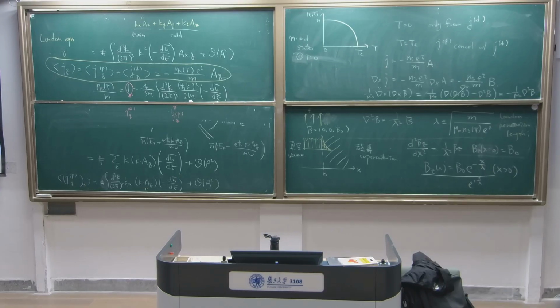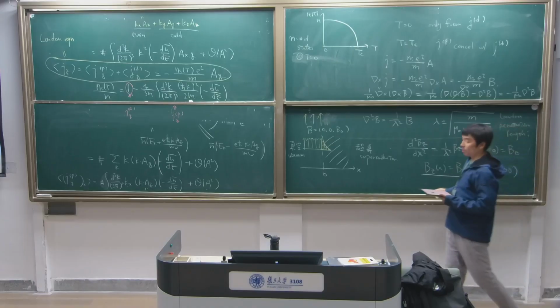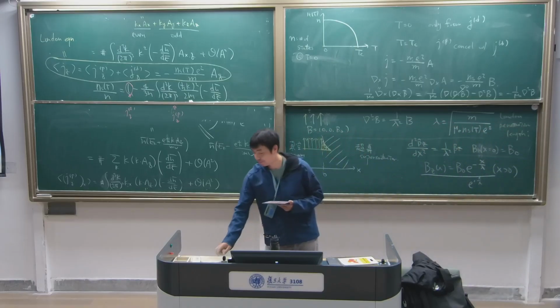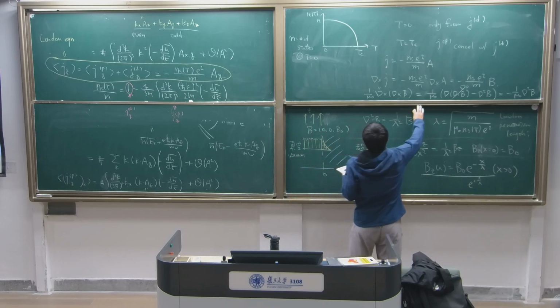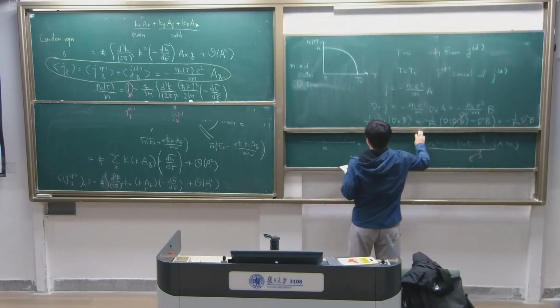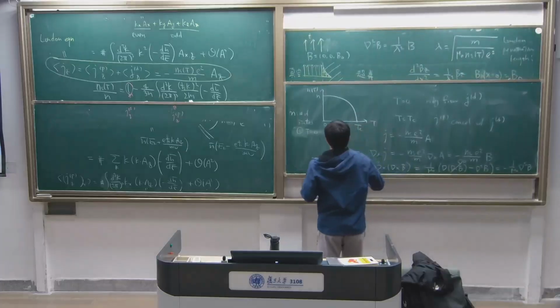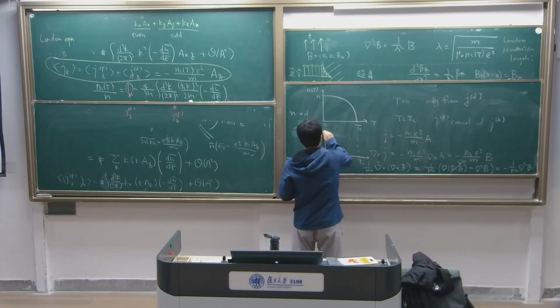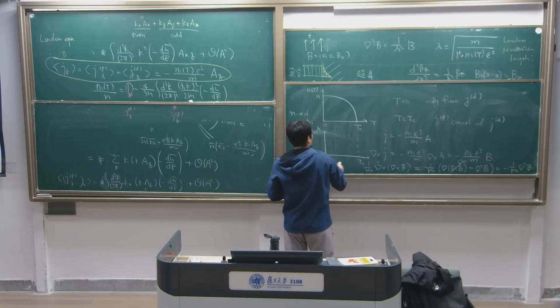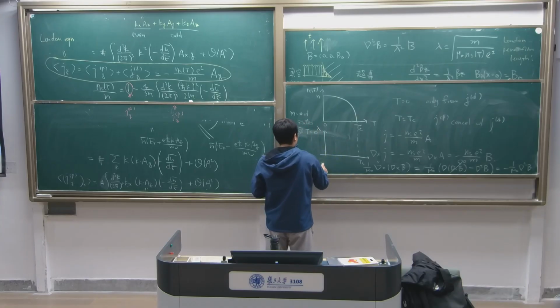And then it's proportional to, lambda is like this way. Then lambda is proportional to n_s(T) to the minus 1 half. So therefore it becomes like this.